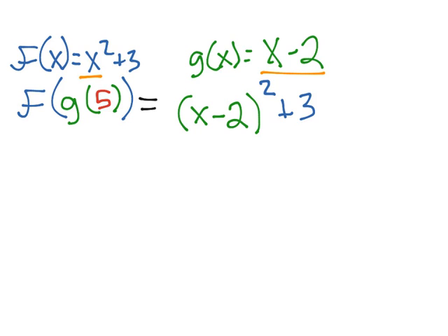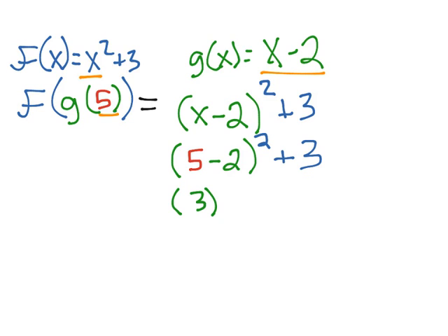Our next step is to evaluate the function for the value 5, which is here in the original expression. So, we'll begin by inserting 5 for x, and again, it's still squared and adding 3. 5 minus 2 gives us 3 squared plus 3, which becomes 9 plus 3, which becomes 12.